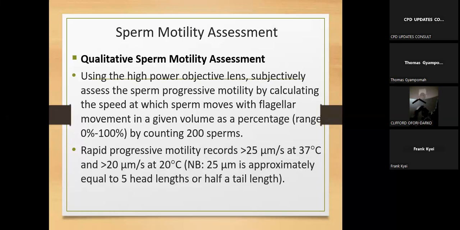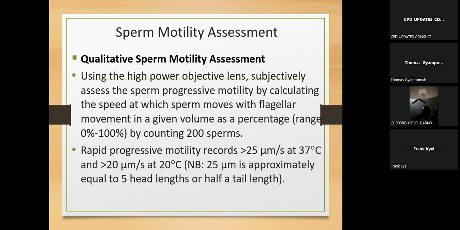So rapid progressive motility requires, as we said earlier, 25 micrometers per second at 37 degrees. Now, there's also a certain indication here that the movement can also be 20 micrometers per second at 20 degrees.